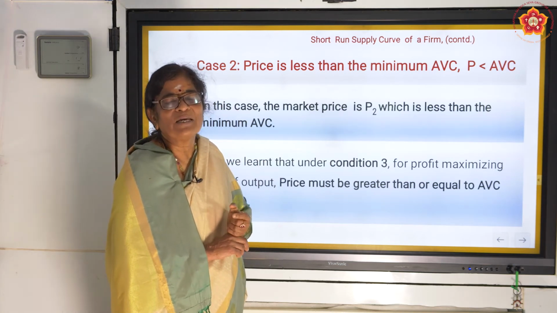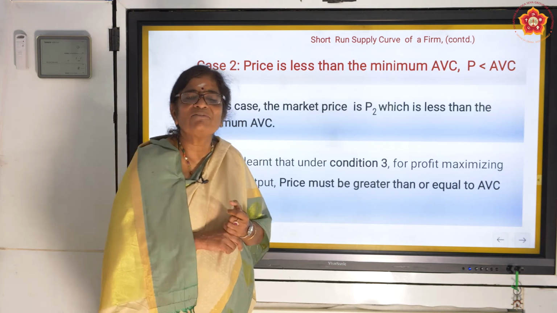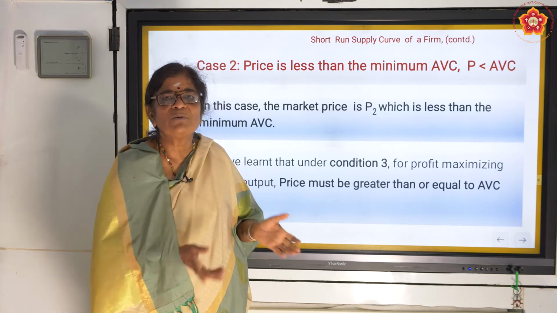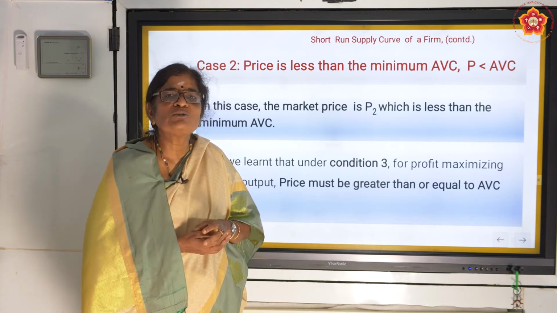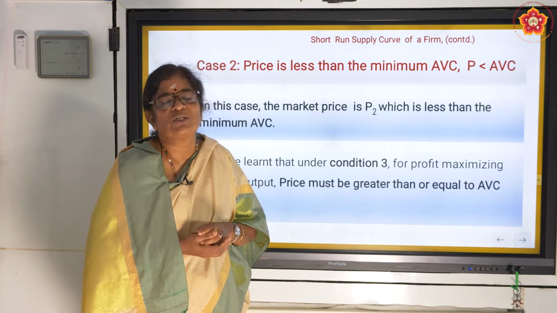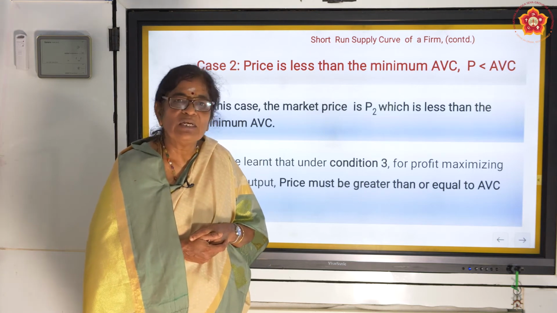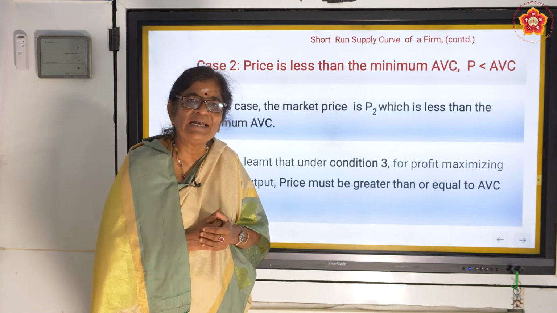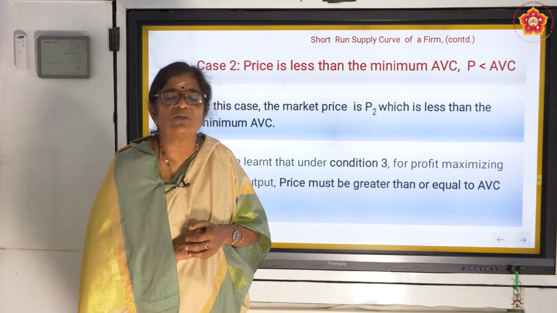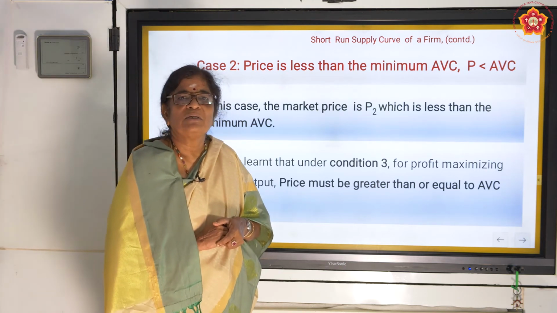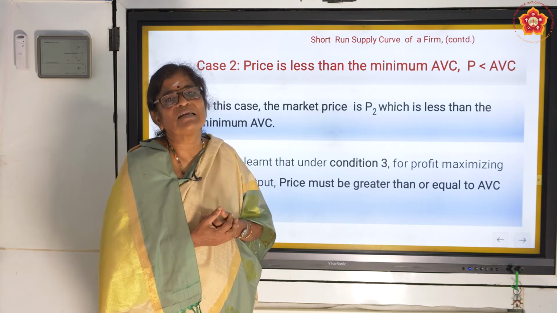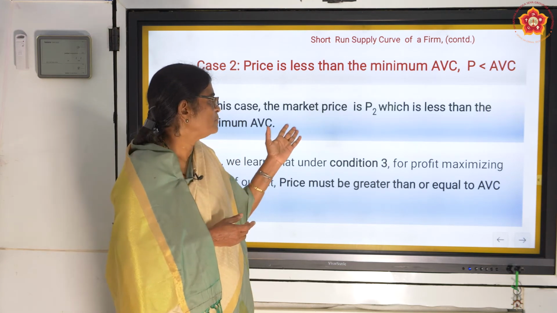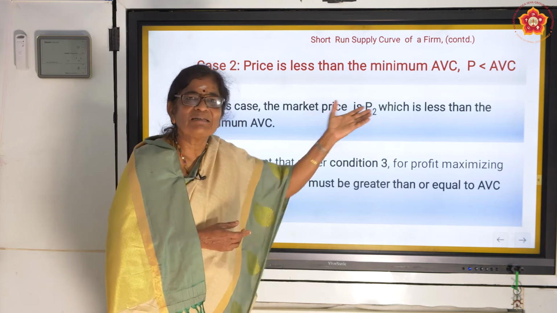What do you mean by that? For example, we will take a real life example. A farmer has a small plot of land and is producing tomatoes. His total revenue is 3,000, and the variable cost incurred for that plot of land to produce tomato is 5,000. What do you think about it? The revenue he is deriving at that particular price is less than 5,000.